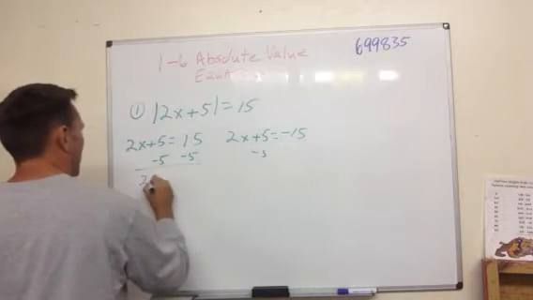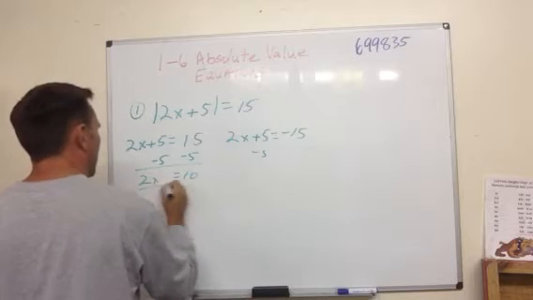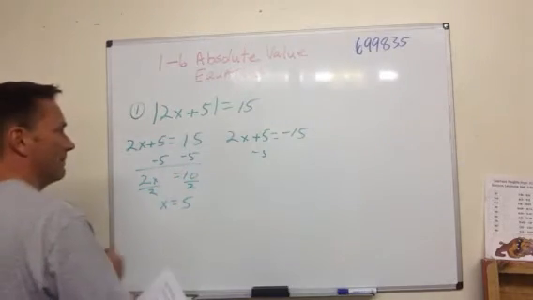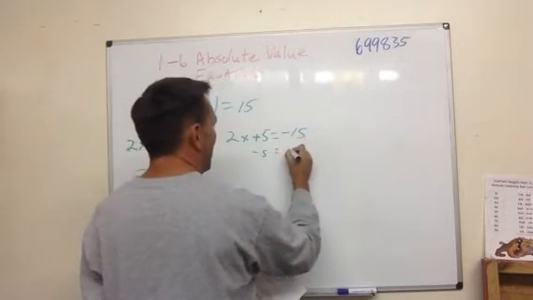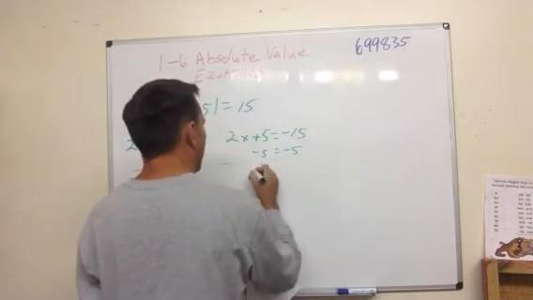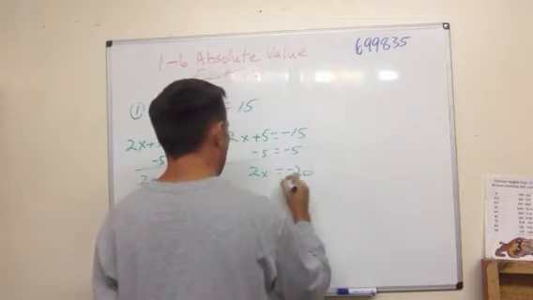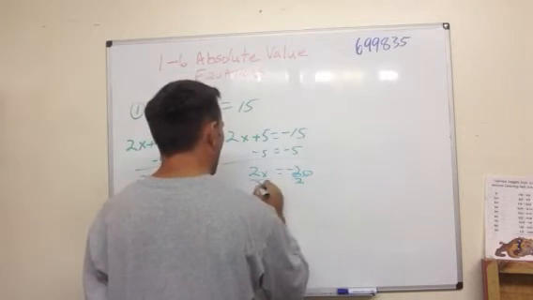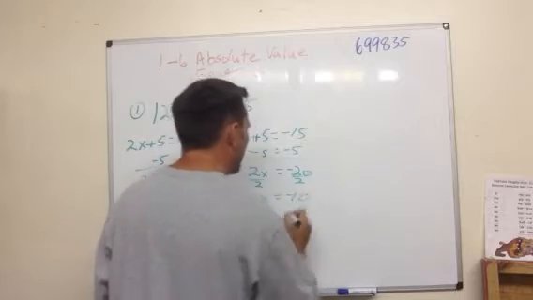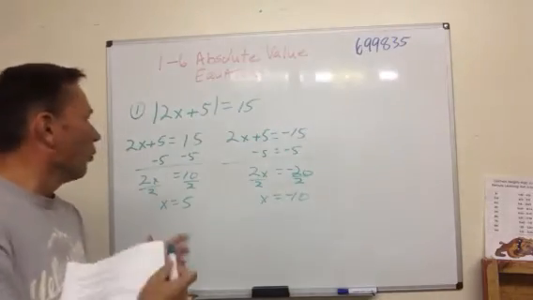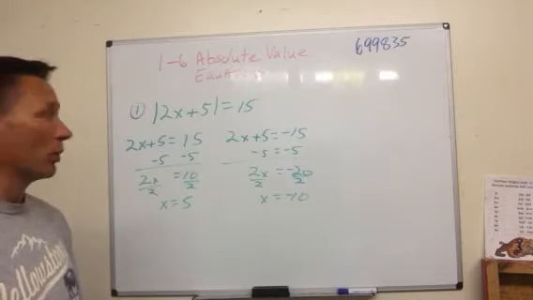Let's do this first. 2x equals 10, divide by 2, and we end up with 5. In the second problem, we add the negative 5. We end up with 2x equals negative 20. We divide by 2, and we get an answer of negative 10. Now you might wonder, how does this work?